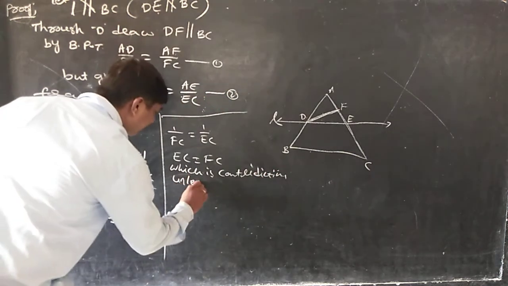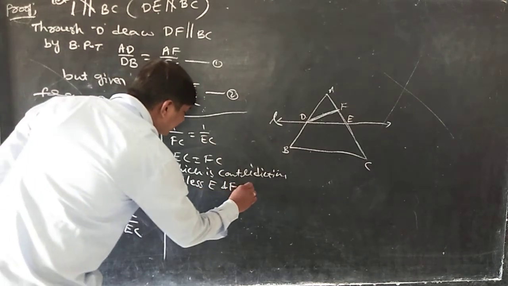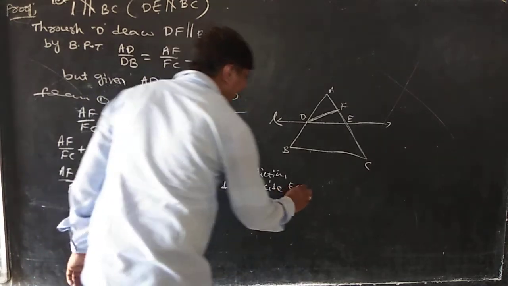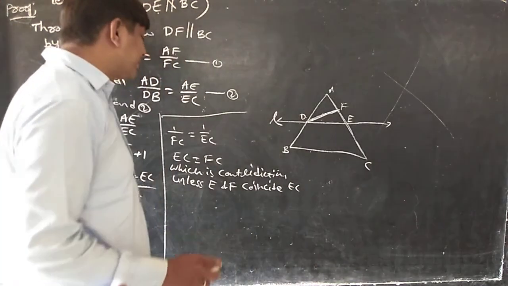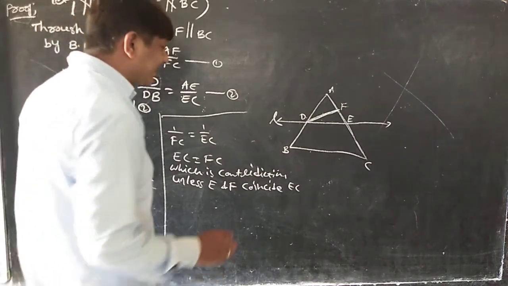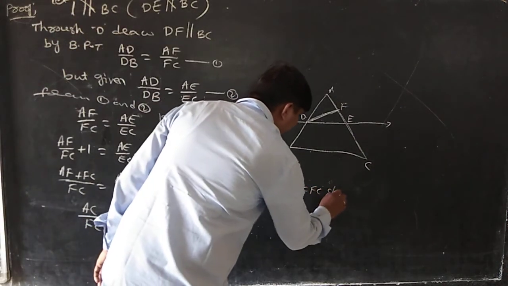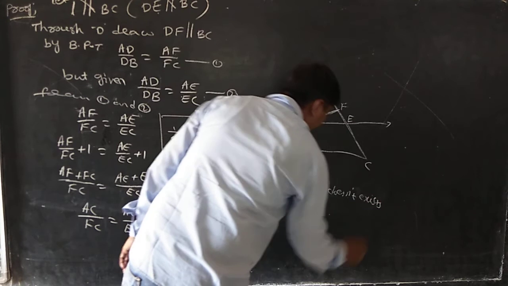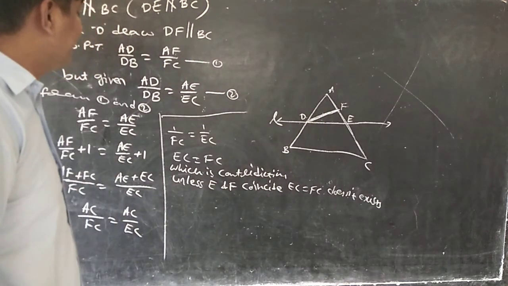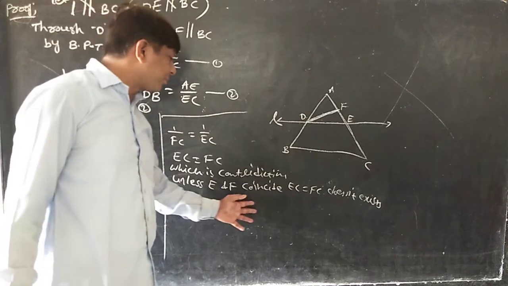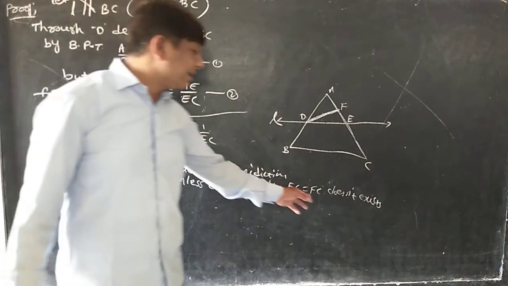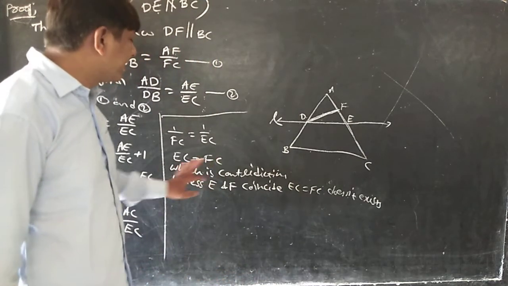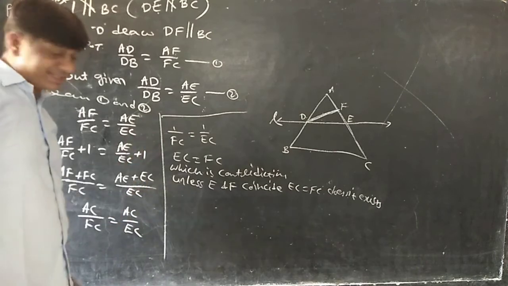Unless E and F coincide, this doesn't exist. EC is equal to FC doesn't exist unless E and F coincide with each other.